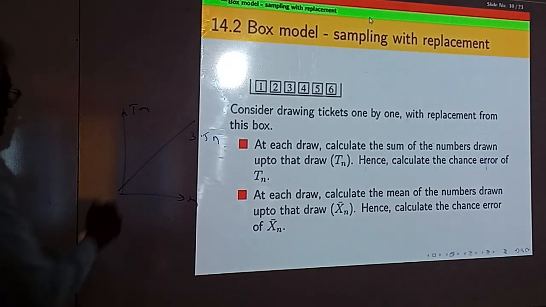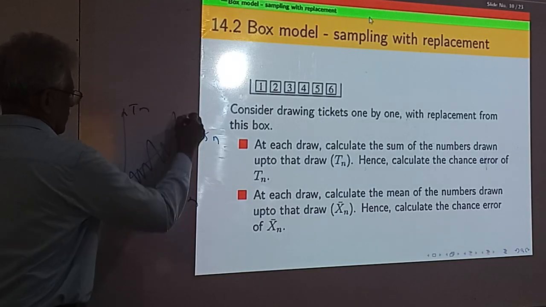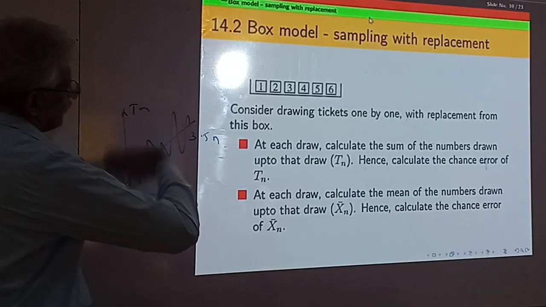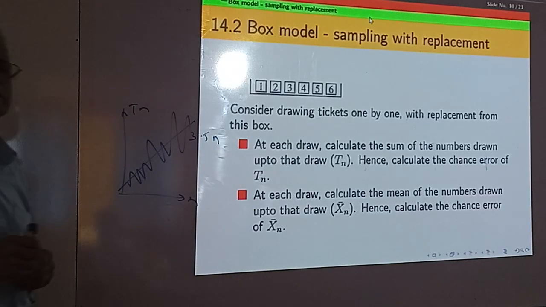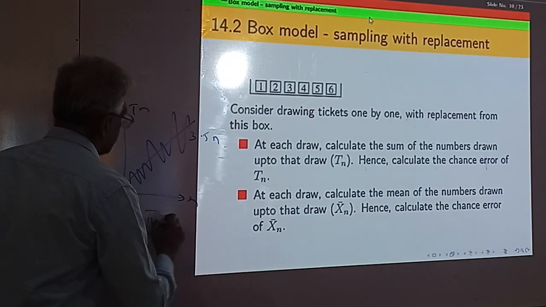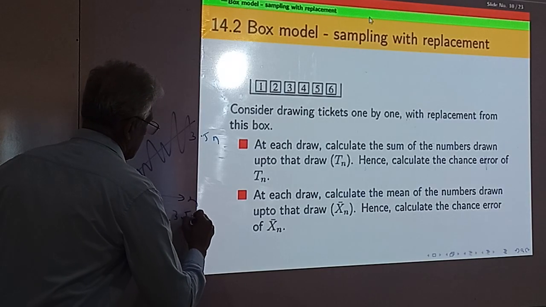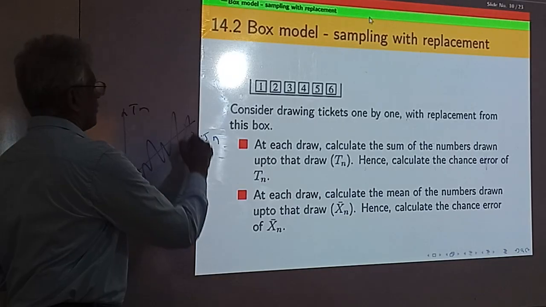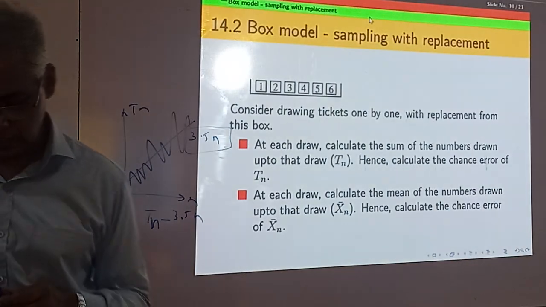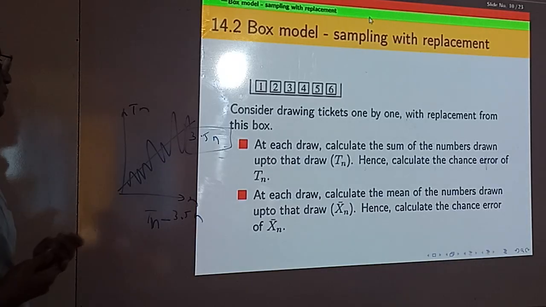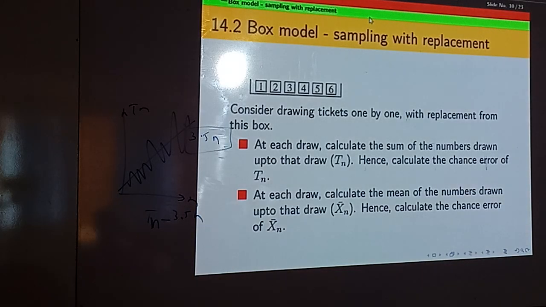That is how we expect Tn to behave. The chance error will be Tn minus 3.5 times n, that is, Tn minus the expected value when you have taken n items.